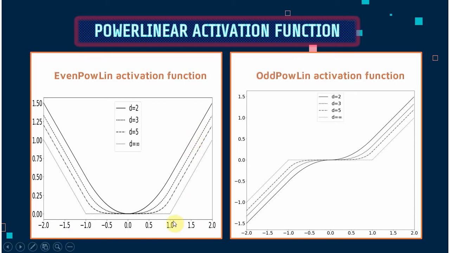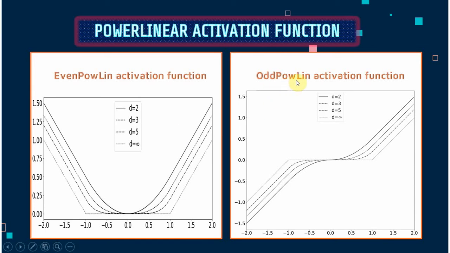For example, positive one and negative one have similar values as output. This is the main feature of even polylinear activation function that makes it remarkable among other activation functions.